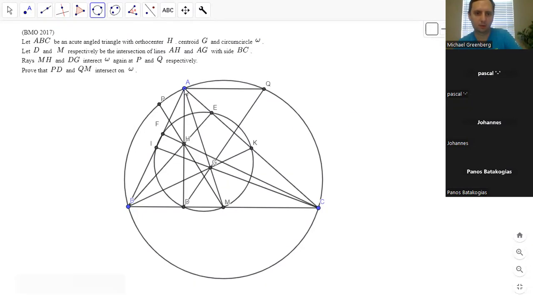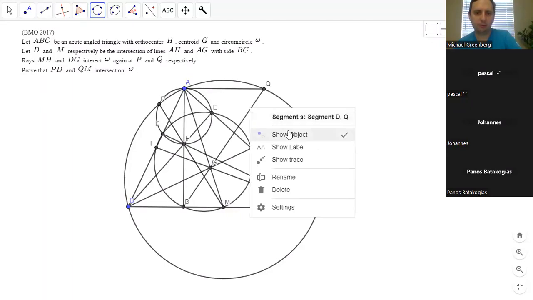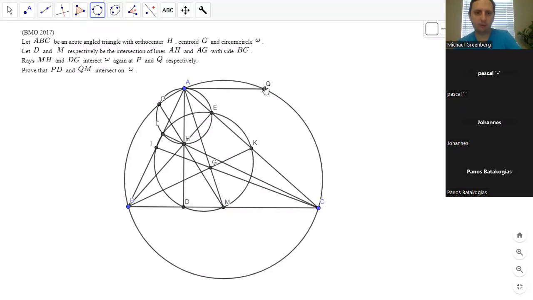Yeah, I think then we can just spam ratio lemma. So G is 2/3 of the way from A to M. But basically if we define Q to be the parallel, we would want to show that AQ is twice DM, and then that would solve the problem, right?